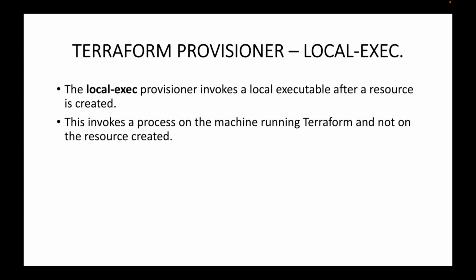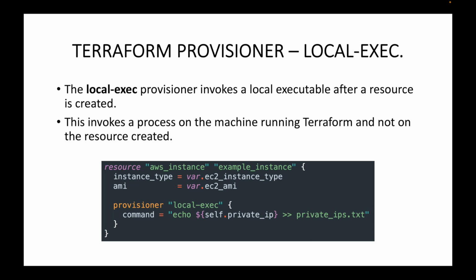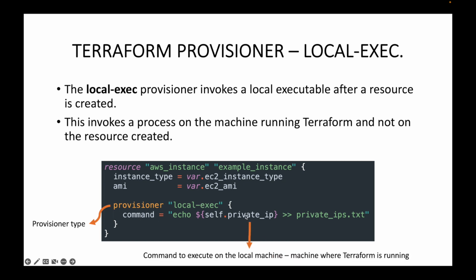All right, so to declare your local exec, we will be declaring this inside the resource block. So here I'm declaring the resource block, and then here is my provisioner block inside the resource block. So here is the provisioner type. Here, if you see, I'm saying I want to create a local exec provisioner, and below is the command that will be executed.